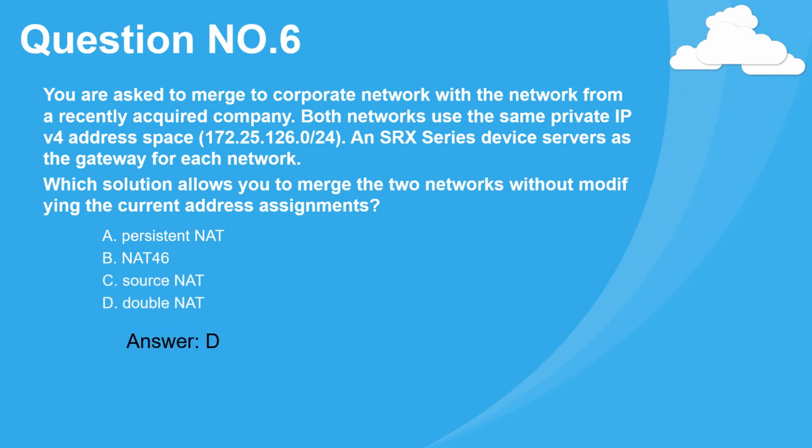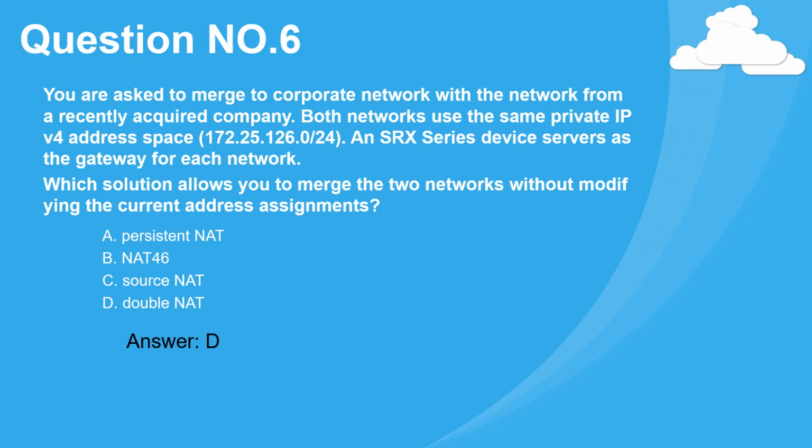Question number 6. You are asked to merge the corporate network with the network from a recently acquired company. Both networks use the same private IPv4 address space, 172.25.126.0/24. An SRX Series device serves as the gateway for each network.